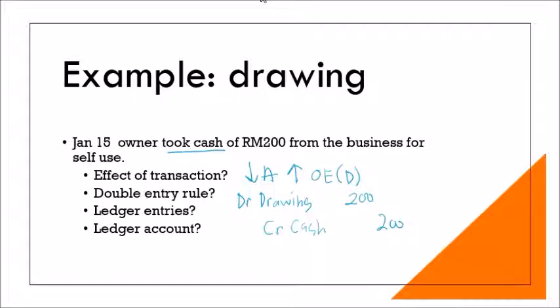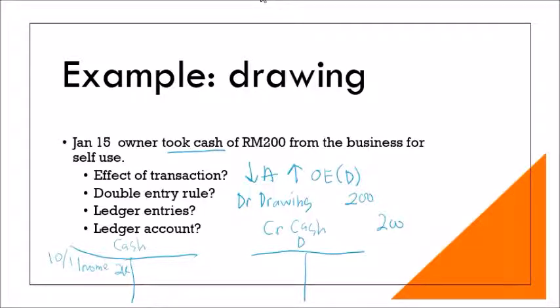So let's open the T account. We will have cash and also drawing. So previously, cash had a transaction on Jan 10 around here for income, about 2K.